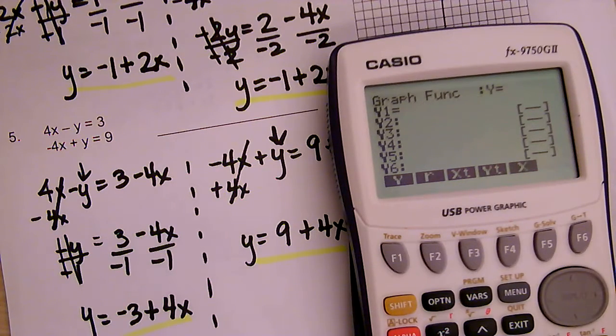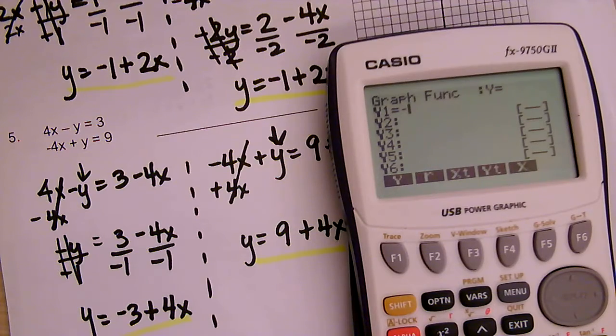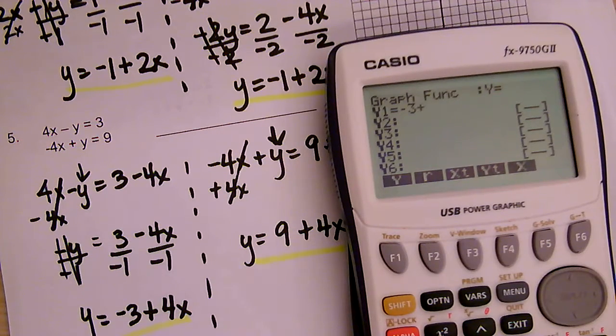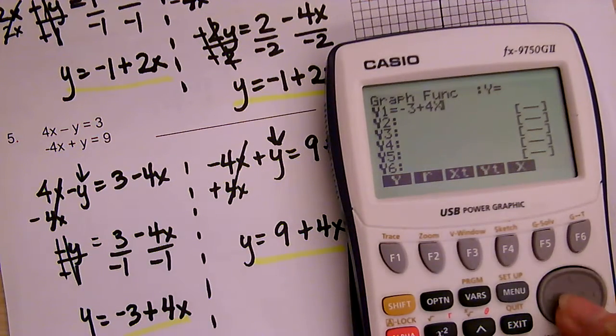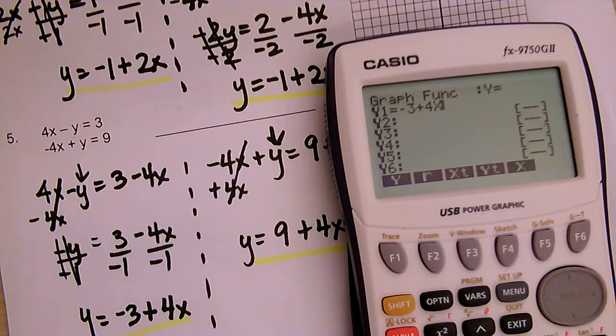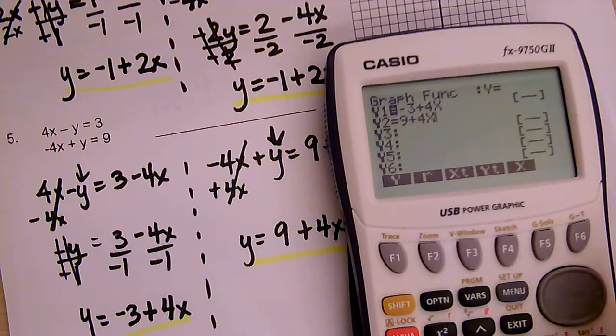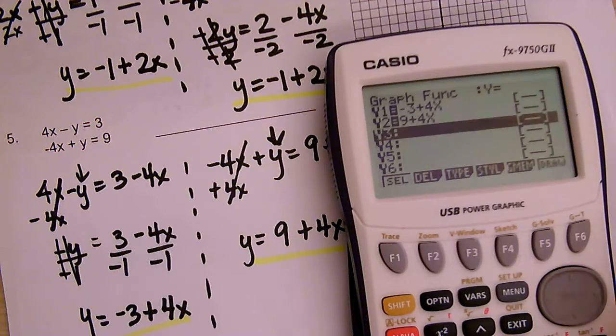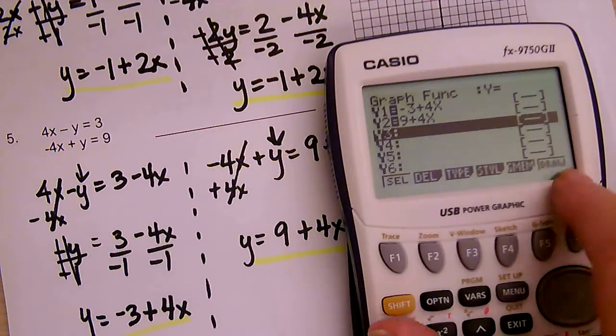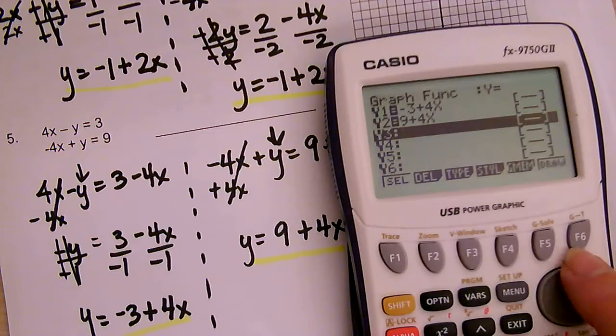I did it again. Oh, you push execute. Oh, I was trying to do something else. Push execute. And then 9 plus 4x. Execute. Now all this changed, and I push draw.